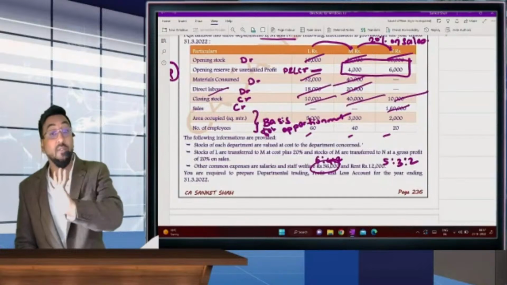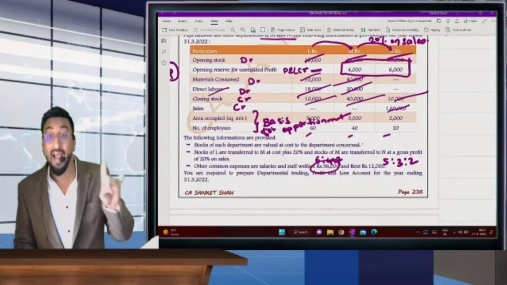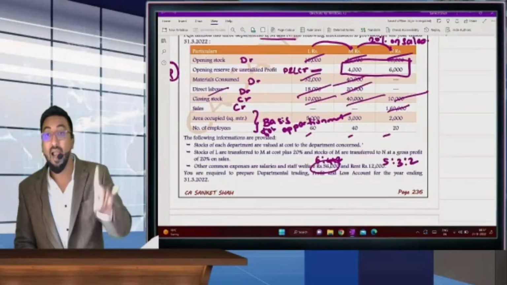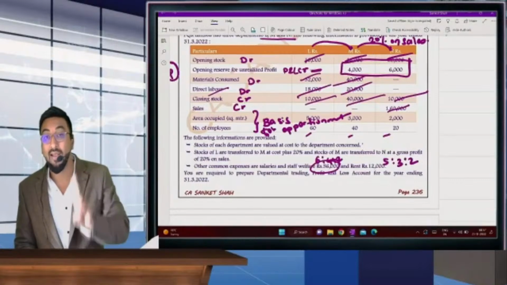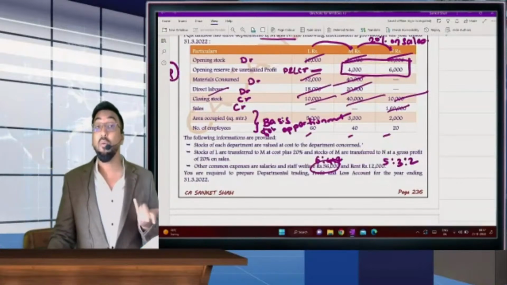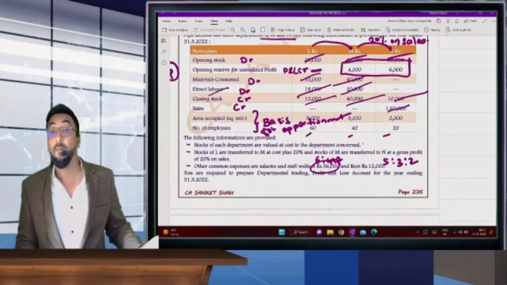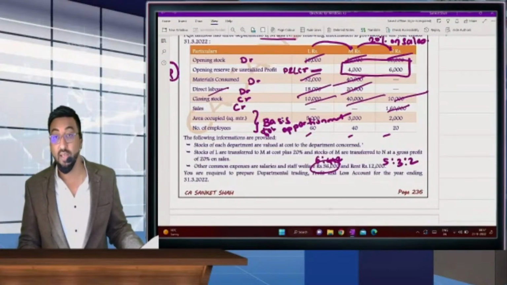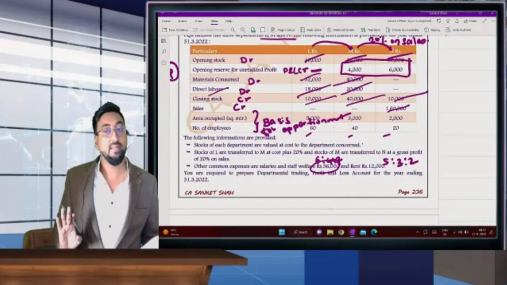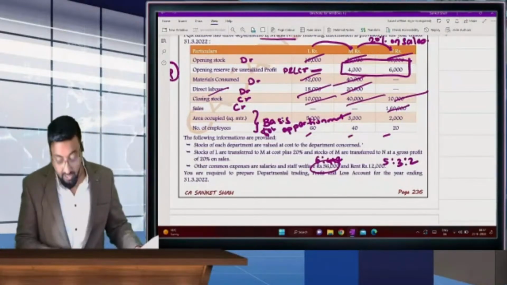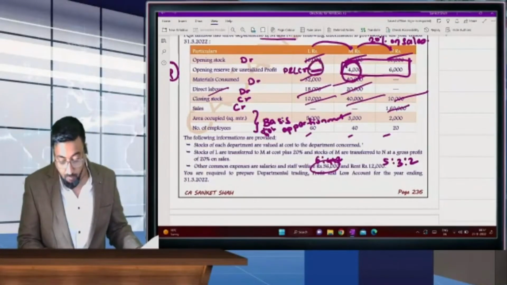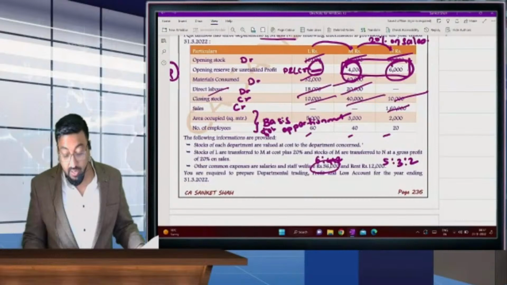Dad's opening stock has no loading. Dad is L. Son and grandson are M and N. So in whose closing stock is there loading? Closing stock of M and N includes loading. So 4,000 and 6,000, and whose profit? In M's stock, L's profit, and in N's stock, M's profit.